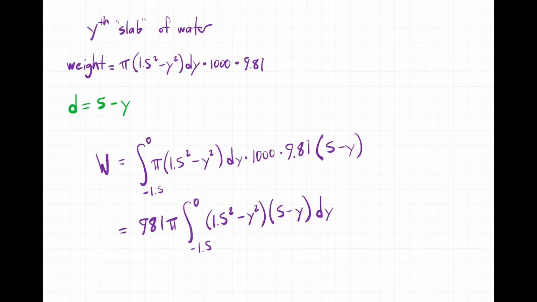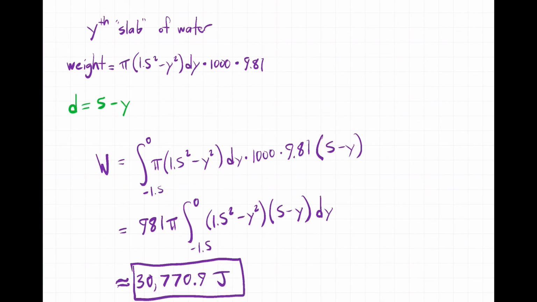It'll just take a little bit of care to make sure that you do all the steps properly and get your negative signs right and everything like that. So do this integral slowly and carefully so you don't make mistakes. But in the end, you should get approximately 30,770.9 joules, which is the amount of work that it takes to pump all that water out of the tank to the point above the top of the tank.